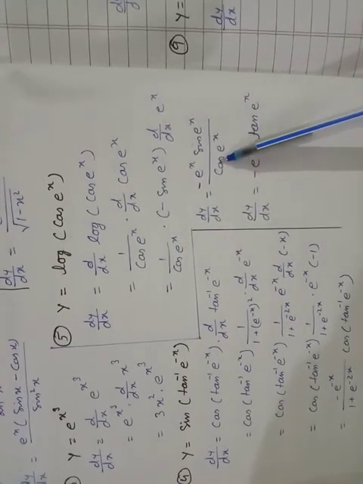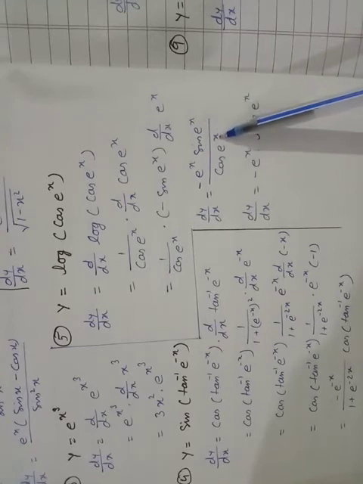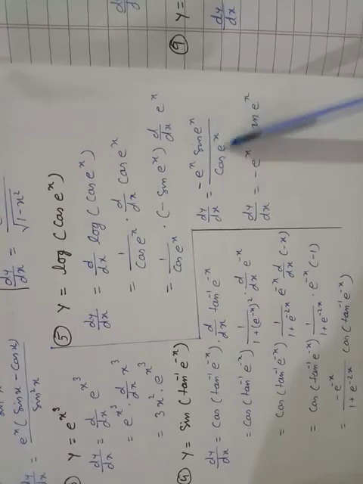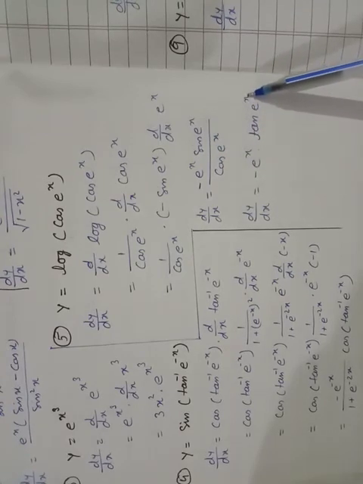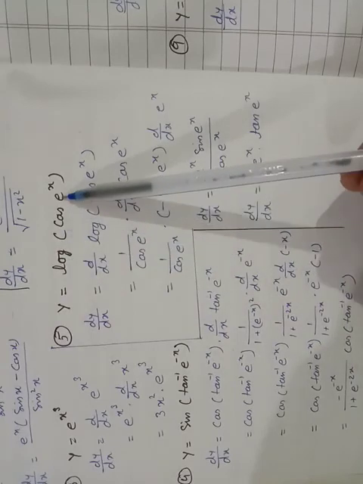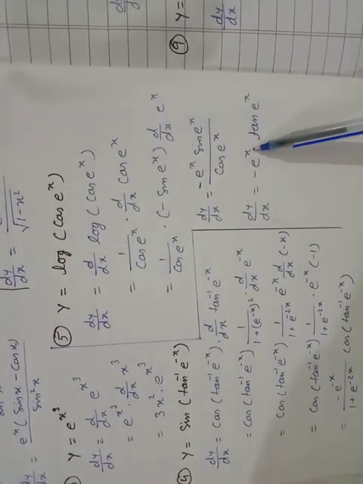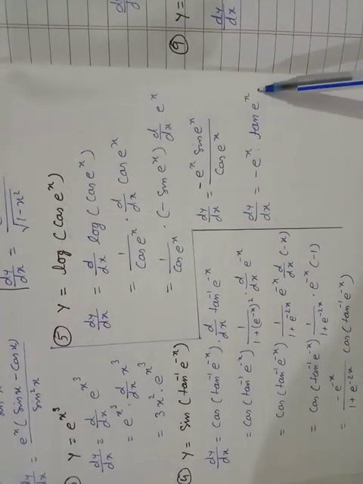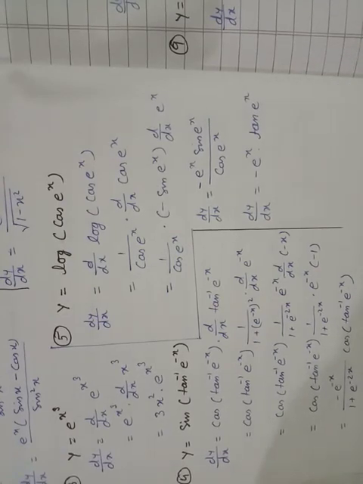Sin upon cos of the same angle is tan. So minus e to power x tan e to power x. Clear? So the differentiation of log cos e to power x is minus e to power x tan e to power x. Pause the video and note down.